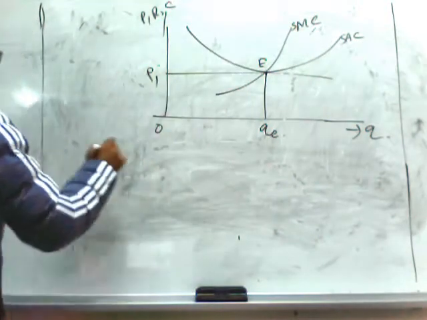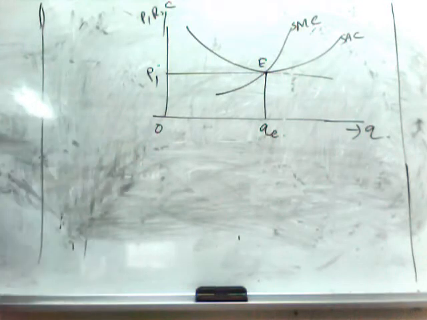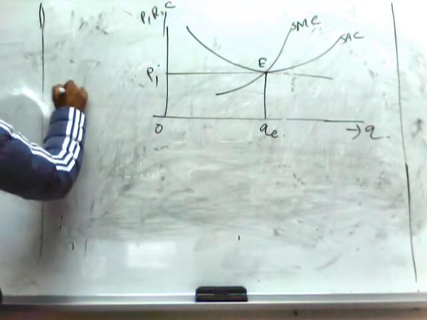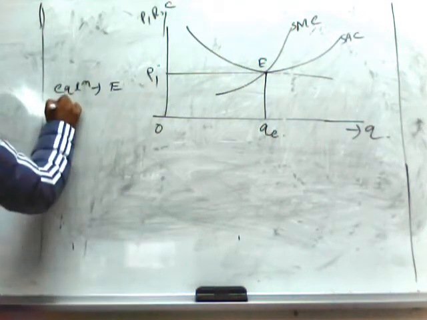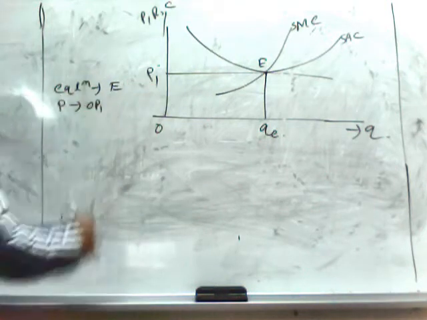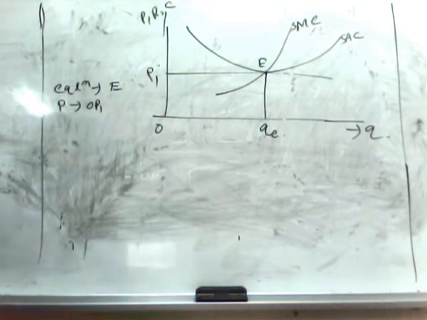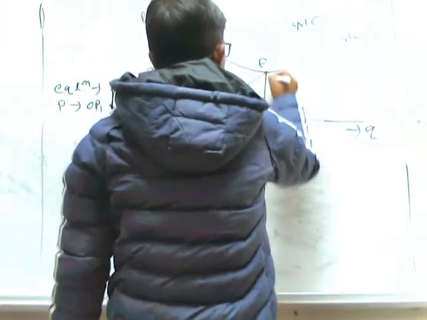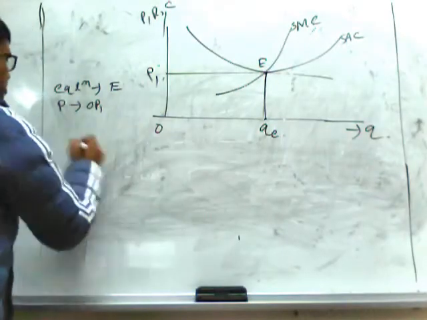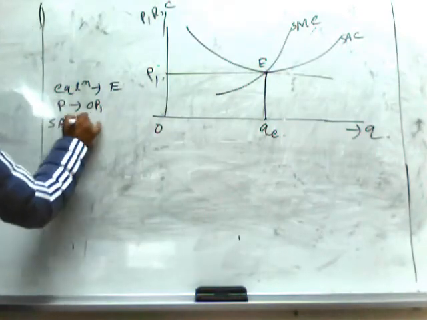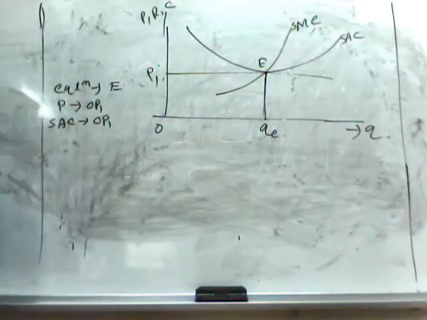So in this diagram, what we see is that at equilibrium point E, price is OP1, and similarly the average cost of production is QEE, or OP1. So here short run average cost is also OP1.